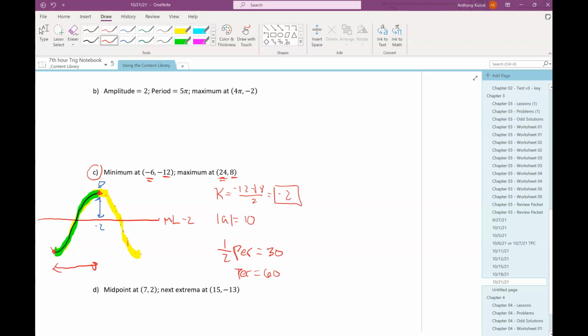And then I know the equation for a period is 2 pi times the absolute value of C, so that's equal to 60. When I divide both sides by 2 pi, I get that C is 30 over pi. And I'll choose to make C positive every time. Okay. So far, so good.